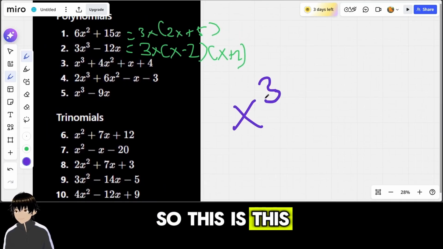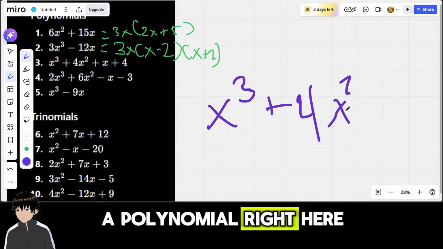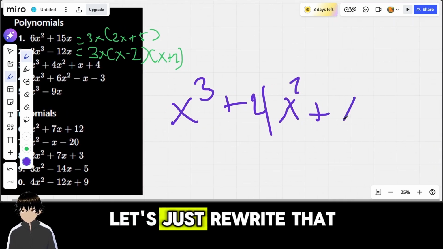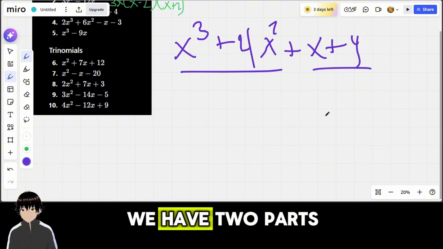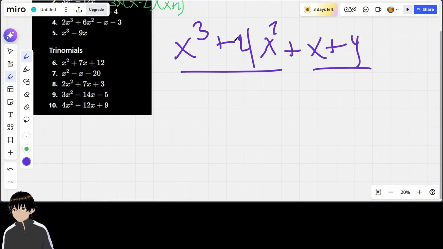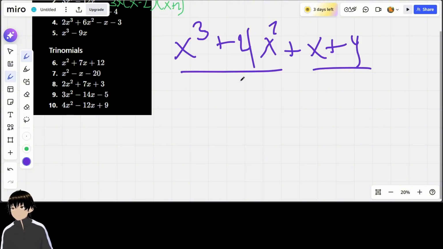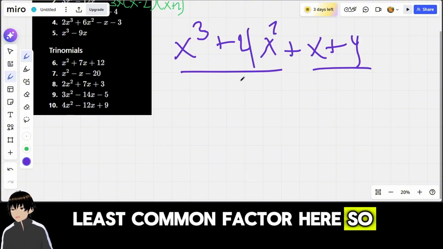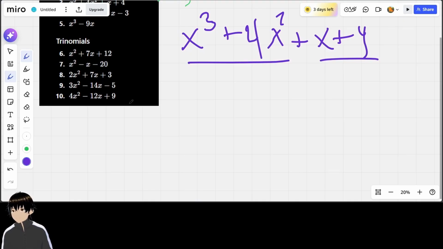So this is going to be a two-part polynomial right here, number 3. Just rewrite that for simplicity's sake. We have two parts, here and here. Now we just have to get the greatest common factor here.